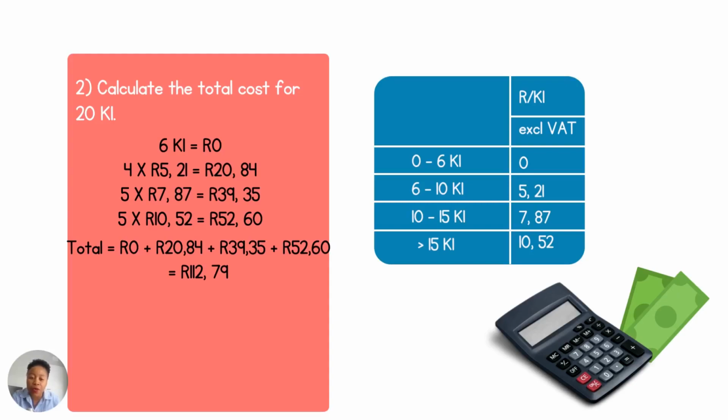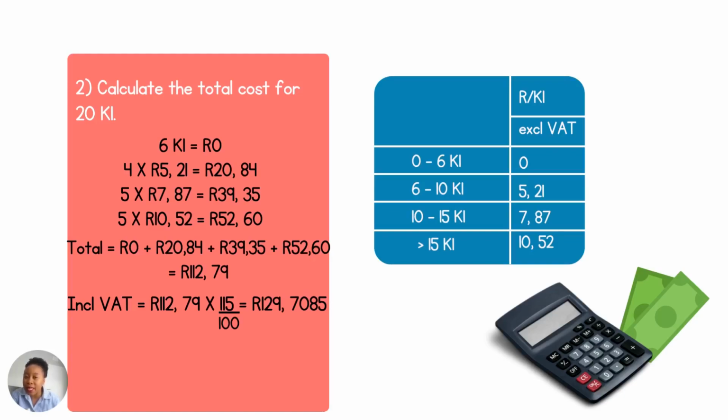So as I said, you will be charged VAT regardless. So we will calculate how much the person has to pay, including VAT, by multiplying 112.79 by 115 over 100. This is just the shortcut of calculating price including VAT. So you will multiply whatever amount by 115 over 100.